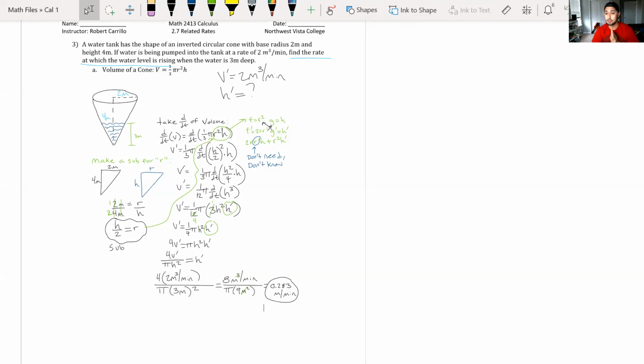So we made a substitution by the use of similar triangles. 2 over 4 equals r over h. And we could rearrange that equation in terms of r. So I made it r equals h over 2. Plug that in for r. Then the whole equation on the right side was in terms of h, which means we could take the implicit derivative, simplify, simplify, simplify, rearrange for h prime, and plug in the numbers that we know. That's it. Awesome.